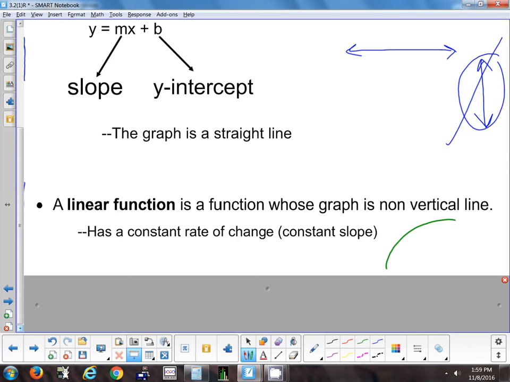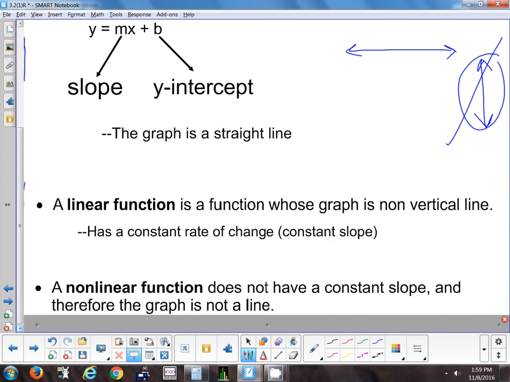Pretend you were standing right here. How steep is it right here? It's pretty flat right there. But what if you were standing here? It's a little steeper. And how about if you were standing here? It's even steeper. So this is something that does not have a constant slope because it's curved.